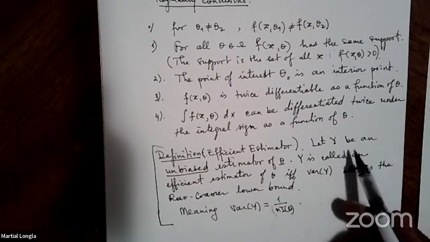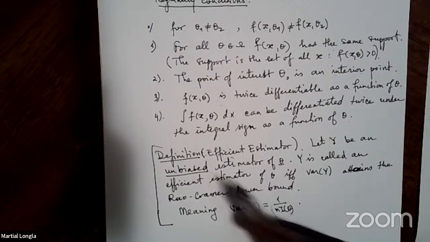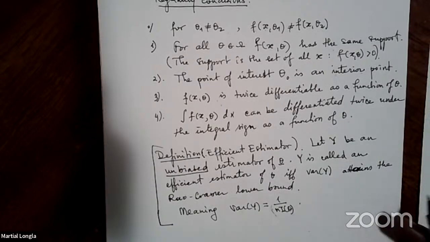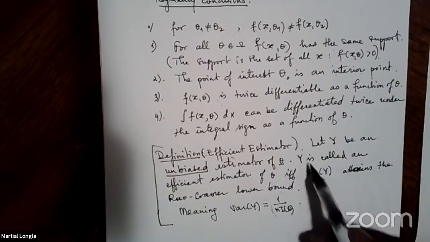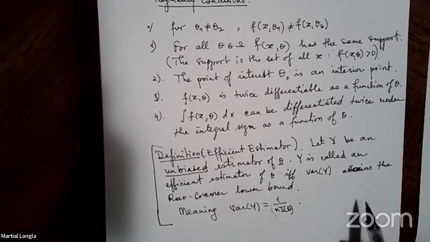And of course, because the definition says it's an unbiased estimator, it means K of theta is equal to theta, because K of theta is the expected value of Y. And by saying that Y is unbiased, you're claiming the expected value of Y is equal to theta.